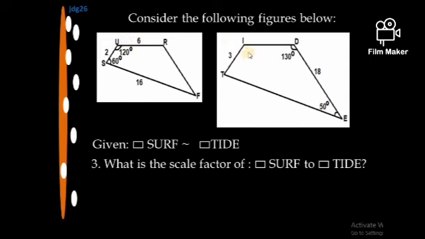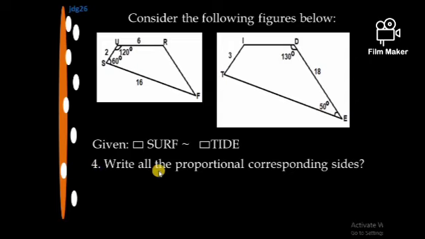Segment SU as a segment PI. So, from smaller to bigger. So, the scale factor is 2 over 3. Just in case na ang given ay hindi pa naka-lowest term, get the lowest term to get the scale factor.